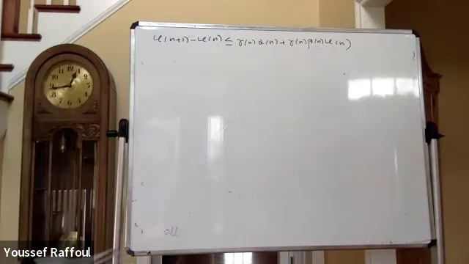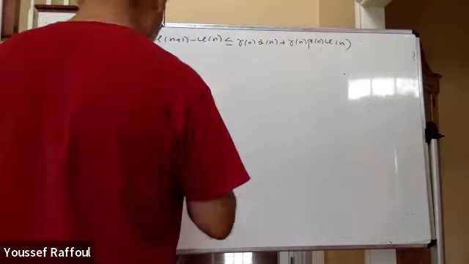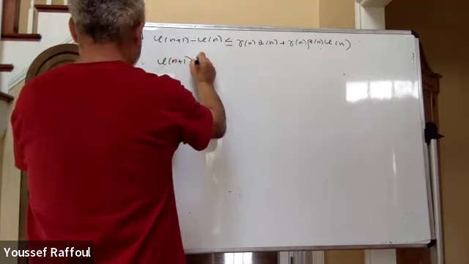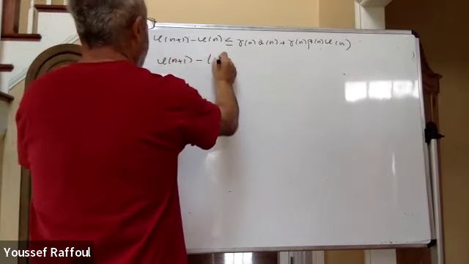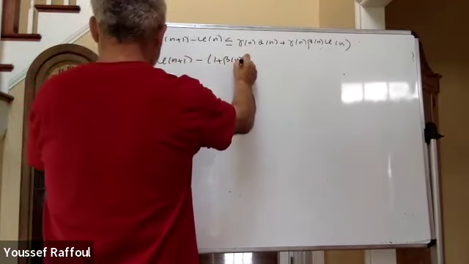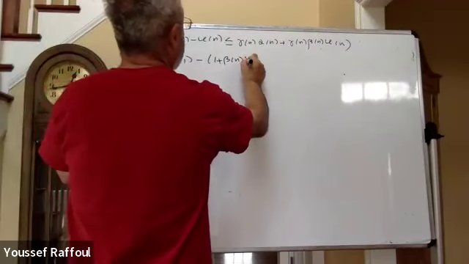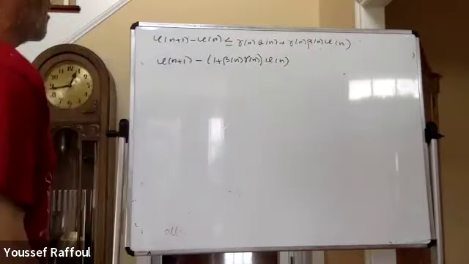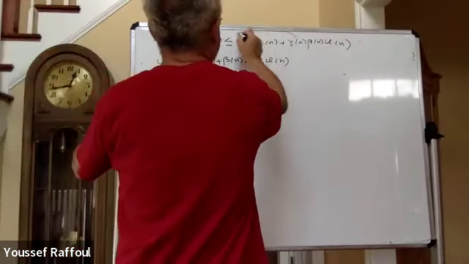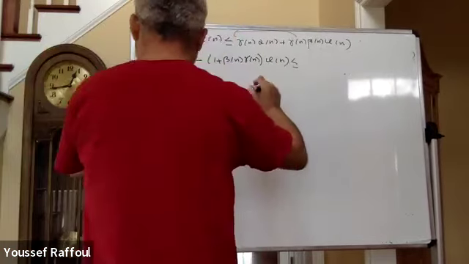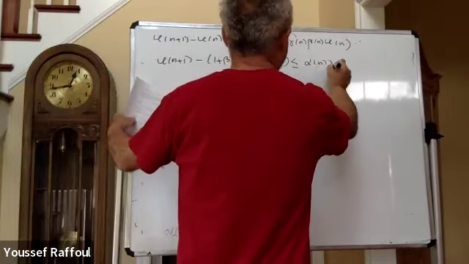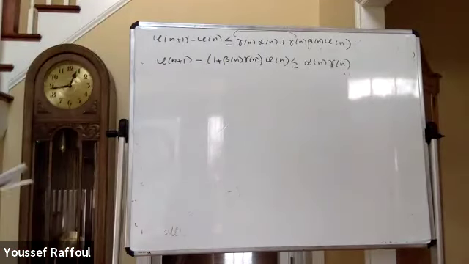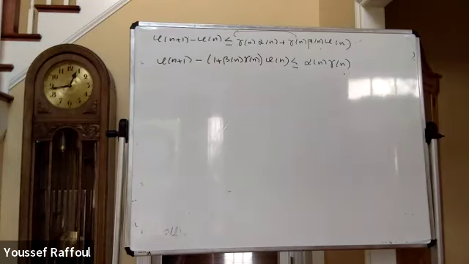Okay? So I brought this over here: phi n plus 1 minus 1 plus beta n gamma n phi n is less or equal to alpha n gamma n. Okay?